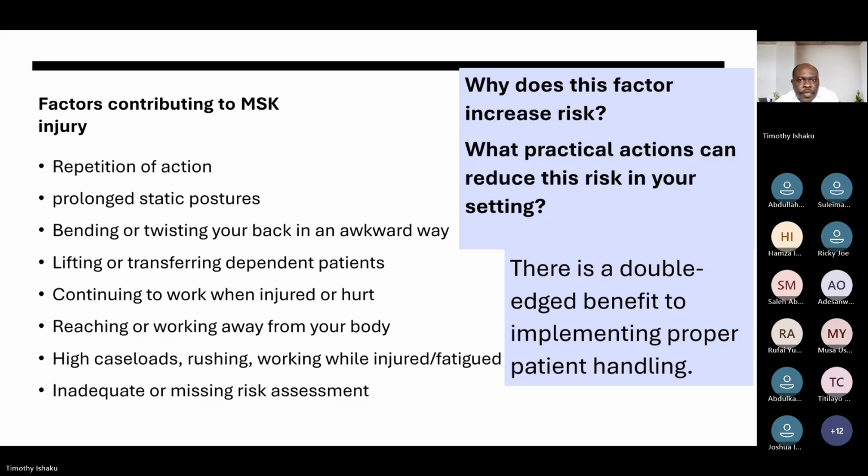Hello, good morning. I will say that it increases the risk of injury, like in the case of continuing to work when injured or hurt. Already the tissues are injured, and repetitive action around the injured tissue can only make it worse, because there should be rest to allow for healing.